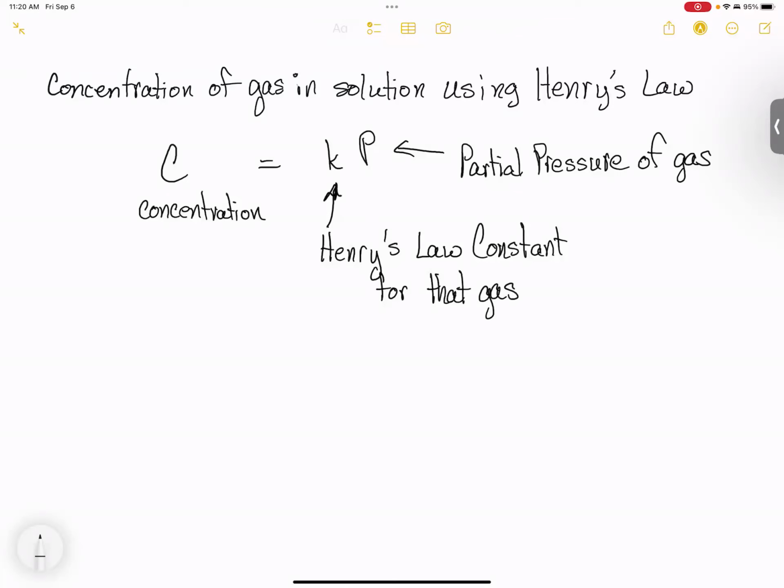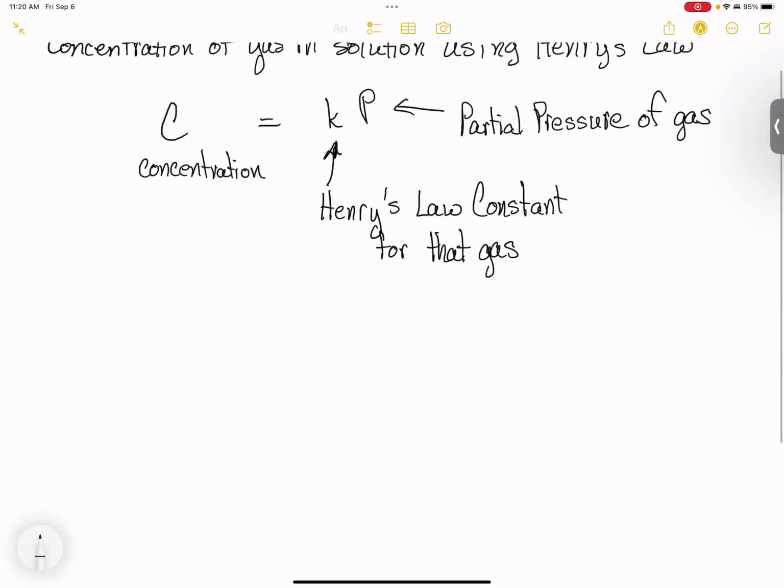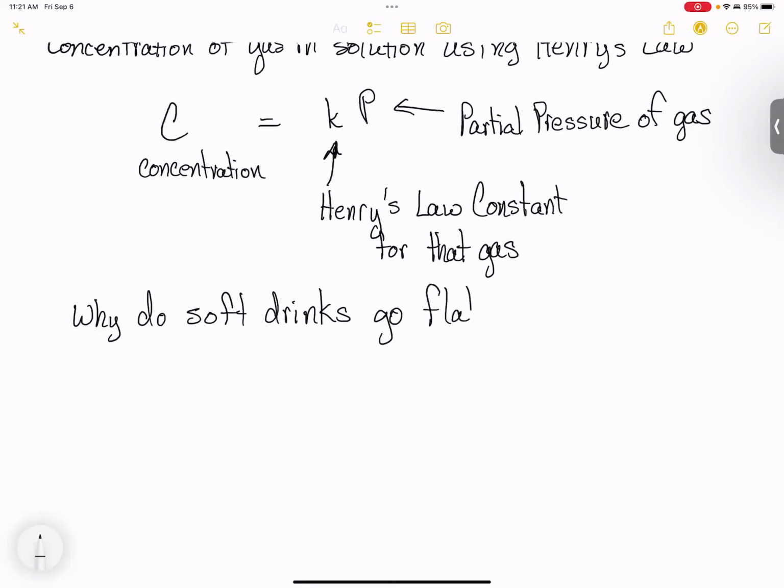Henry's law can help us answer a question that we all know occurs, and that is, why do soft drinks go flat after being opened?